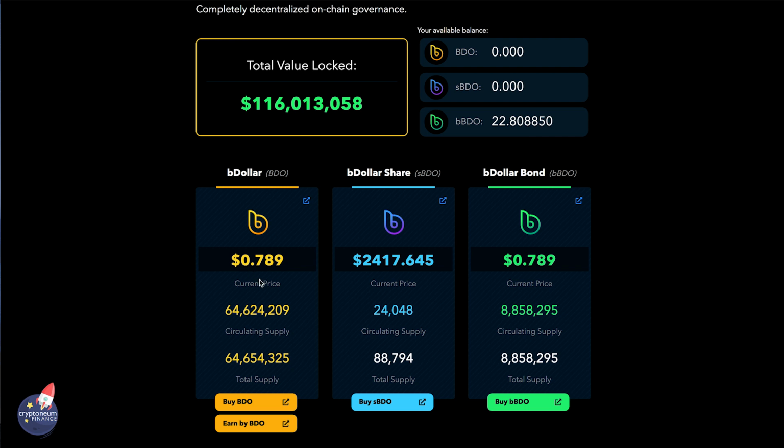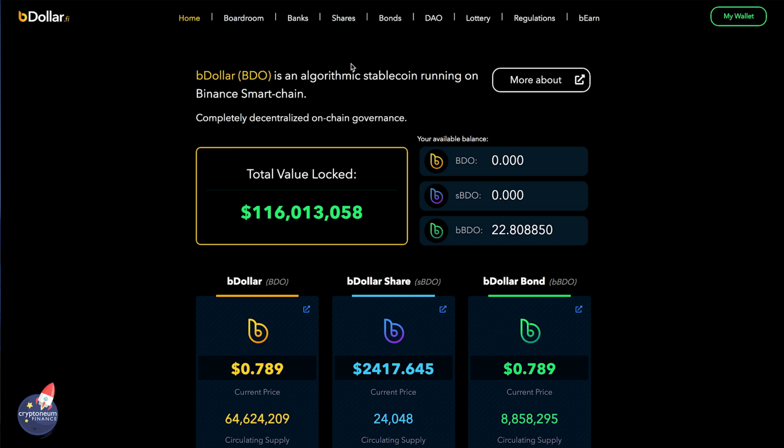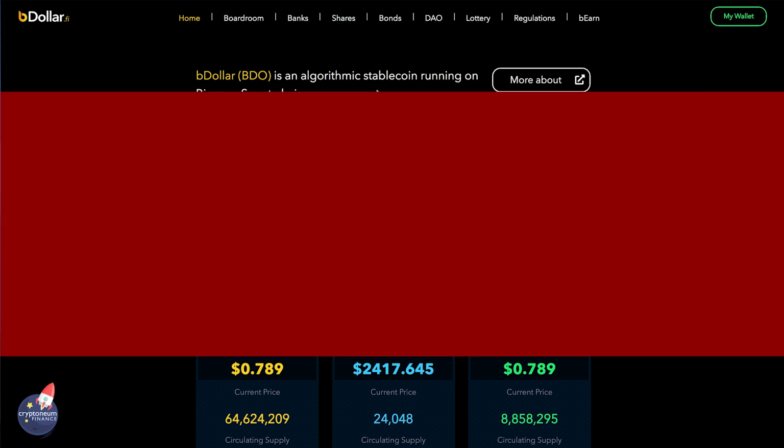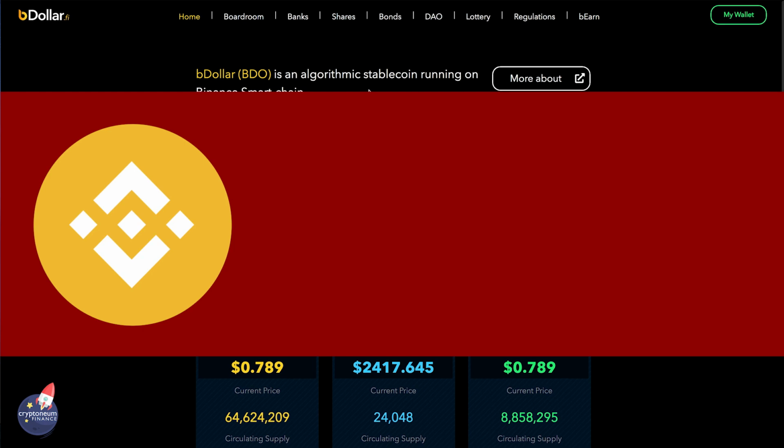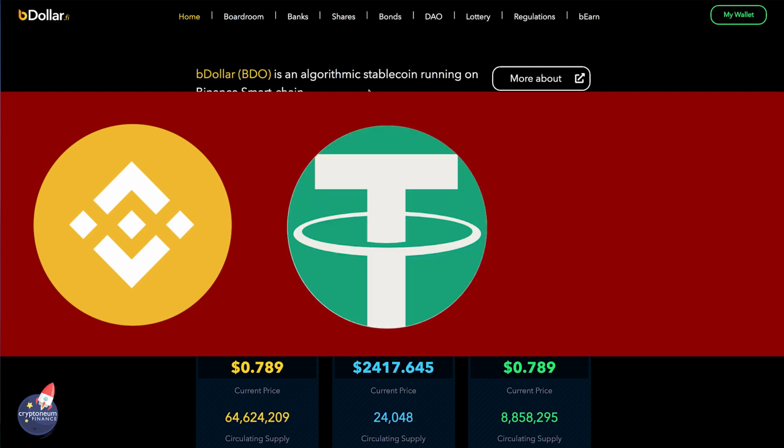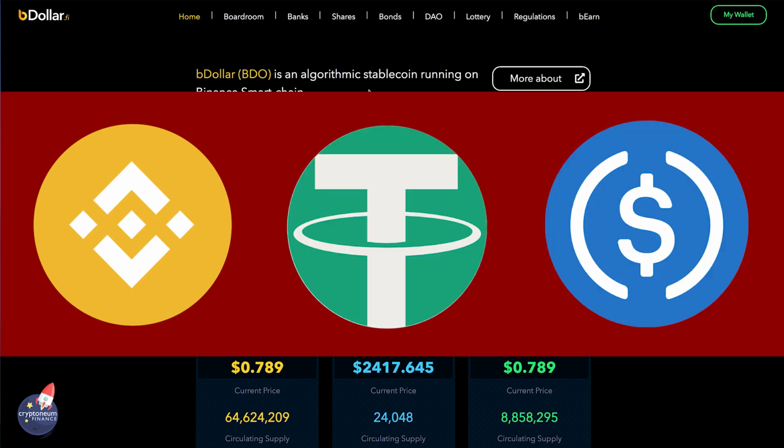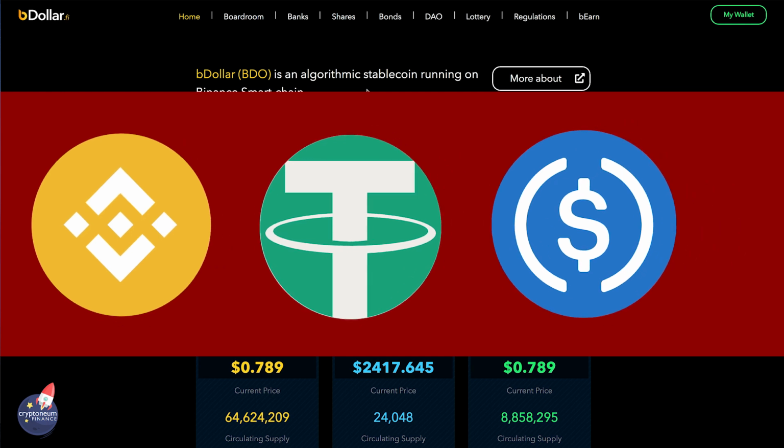This is a little bit different compared to other stablecoins, since this is an algorithmic stablecoin, meaning that it's not backed by fiat currency. Most of the stablecoins that we are used to are like the BINANCE US dollar or the USDT, which is USD Tether, or the USDC, which is the Coinbase US dollar. All of those are backed by fiat currency.